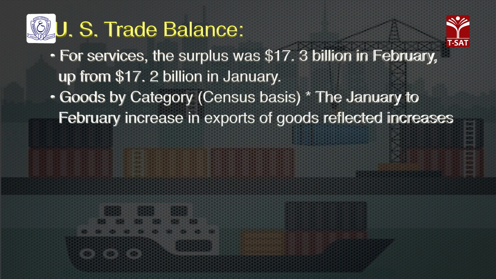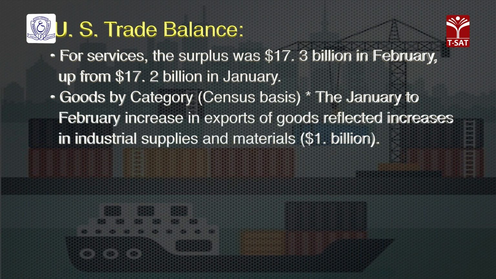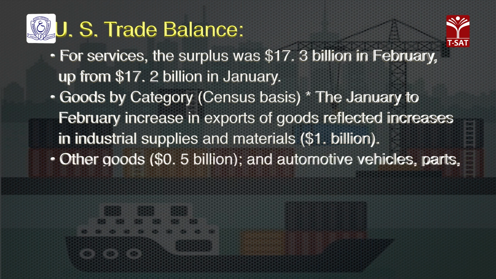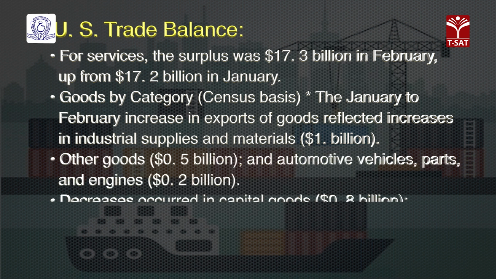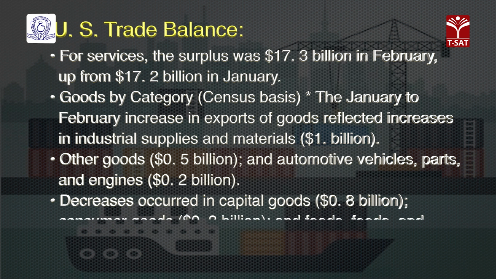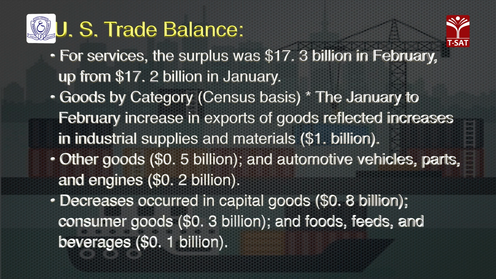Goods by category, that is on a census basis: the January to February increase in exports of goods reflected increases in industrial supplies and materials, that was $1 billion, other goods that constituted $0.5 billion, and automotive vehicles, parts and engines, that constituted close to $0.2 billion.